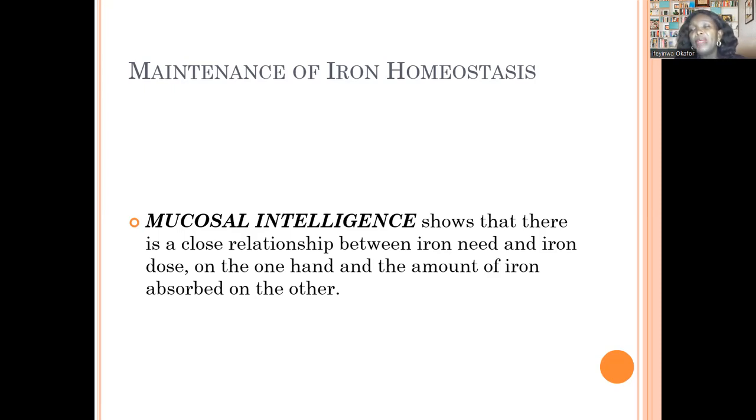So when our system is in need of iron, like I said earlier, iron deficiency or active erythropoiesis upregulates iron absorption, while iron overload downregulates iron absorption. And we also say that substances that stabilize iron 3 in our diet reduce iron absorption, while substances that stabilize iron 2 increase iron absorption in our diet. Because for non-heme iron to be absorbed, it must first be reduced to iron 2 before it can be absorbed.